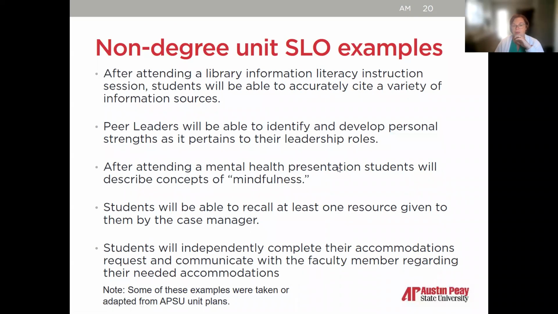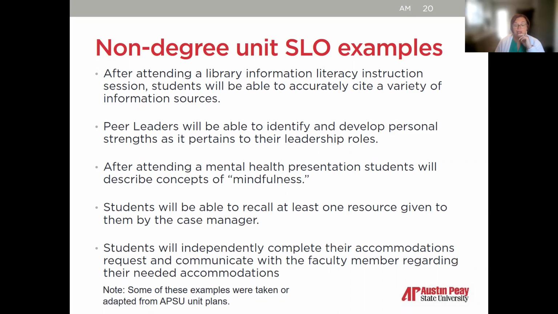For instance, the library works more closely with students on particular sessions. Things like the peer leader program, they're working with students on a regular basis. It might be that a support office is offering a presentation on some wellness or student development initiative, and they can assess whether students have retained or understood that information using an exit survey or a post-session survey.